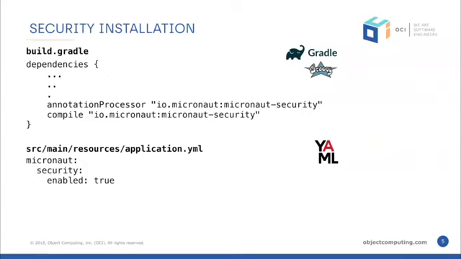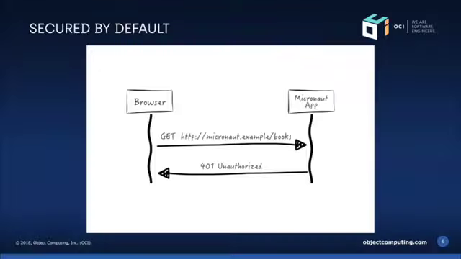So to turn on security is as easy as setting the enabled Boolean flag to true. And once you have done that, your app is secure by default. So if you try to hit the endpoint books, you will get a 401. So everything is secure by default in the moment you turn on security. So how does this happen?